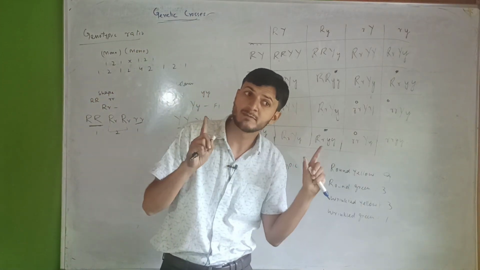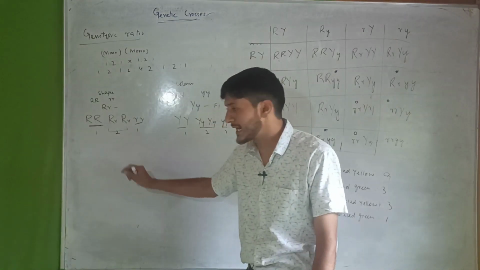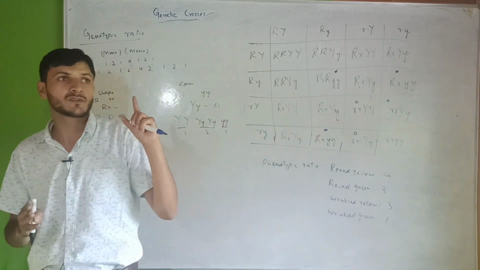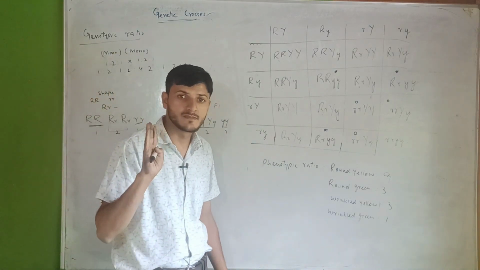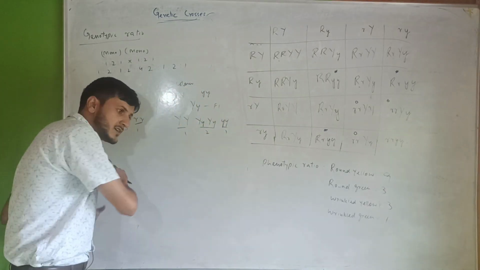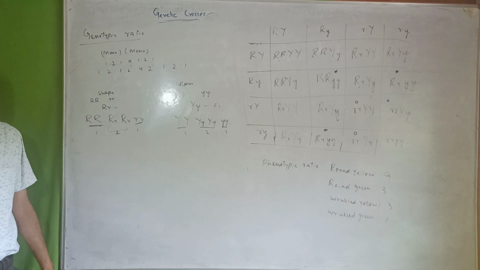But how many times? 3 times, because we have 3 genotypes. So we take these two characters 3 times. One character will be taken on the x-axis and the other on the y-axis.